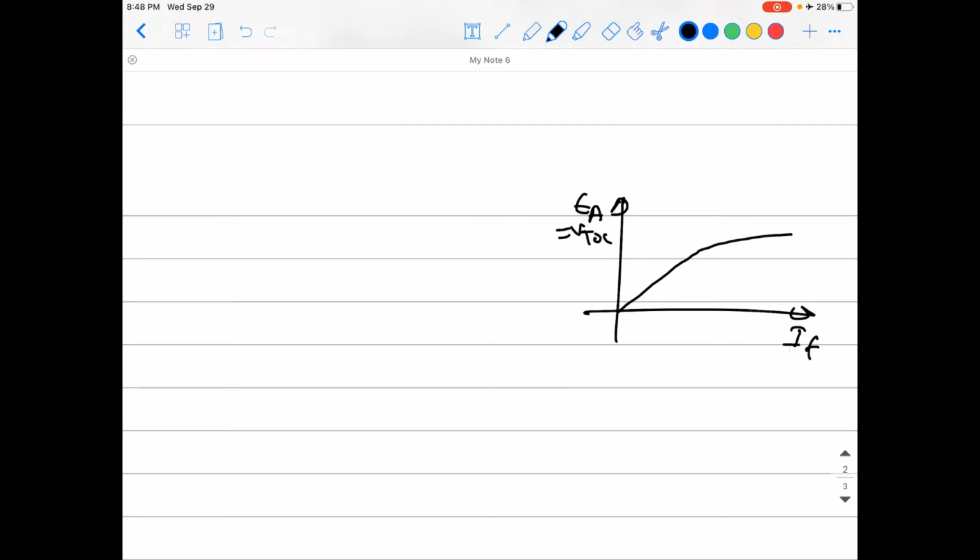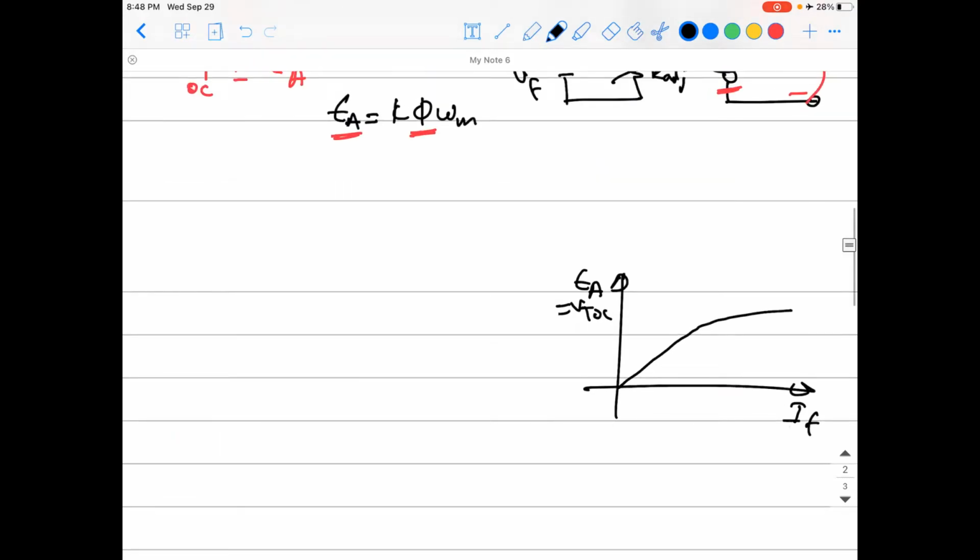Remember this same curve we talked about, the relationship between IF and the flux density. Because EA is basically a constant times the flux times the speed. If the speed is constant, they will look the same. Okay, guys? So this is plotted at a certain speed. That is 1000 RPM, like he said.